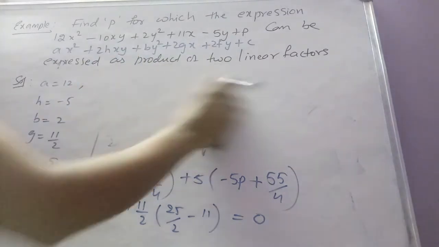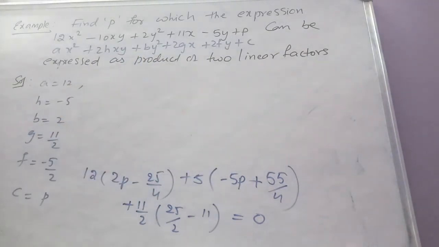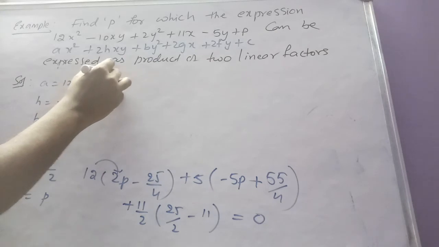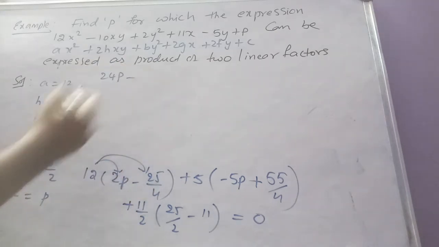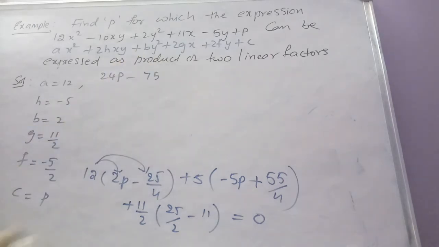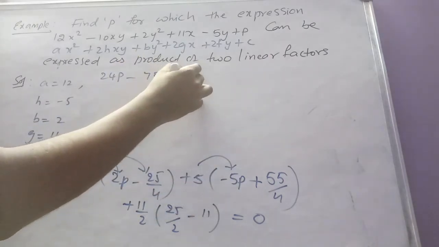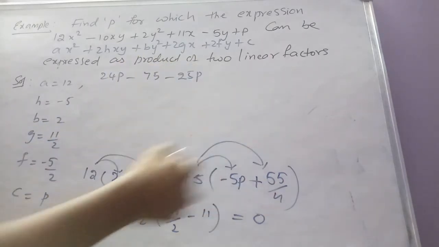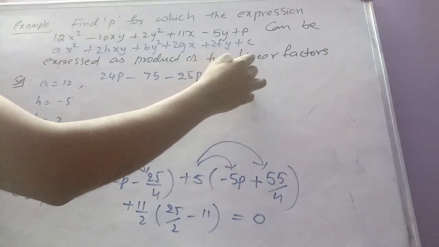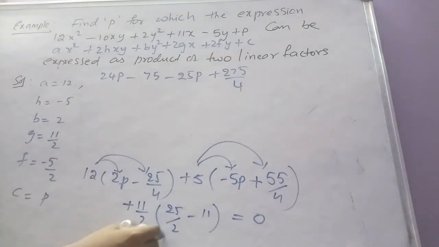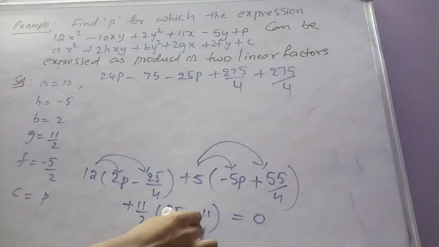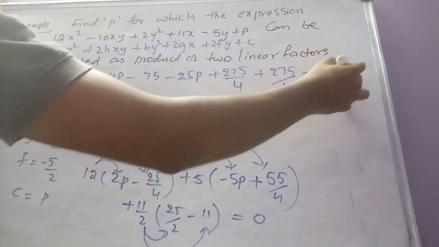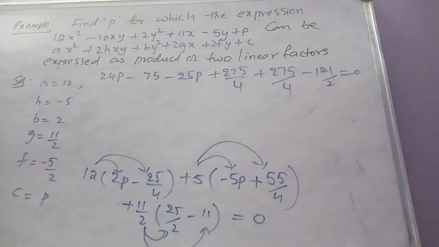Let me show you here. Here you'll get 24P, and then here you'll get 12 into 25 by 4. So minus 75 will come. Next, minus 25P. Here you will get 275 by 4. Again 275 by 4 only. Minus 121 by 2 equal to 0.